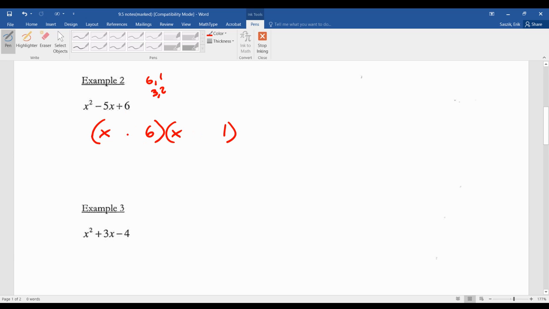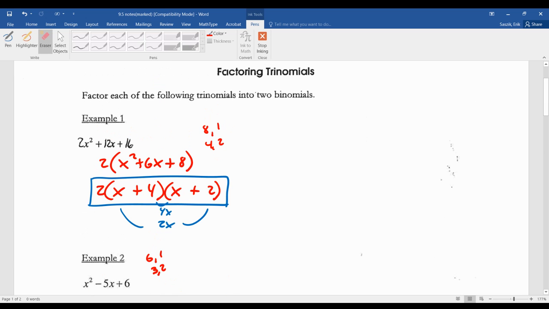So these signs either have to both be negative or both be positive. They have to be the same. If the signs are the same, we're going to be adding this inner product and this outer product together. So this would be 6x and 1x with the same signs. It's going to make 7x. So that doesn't work.